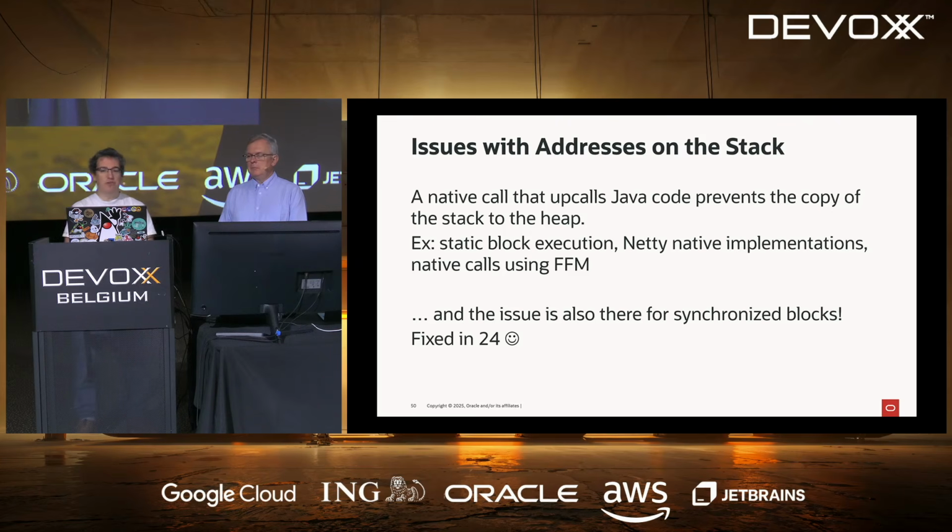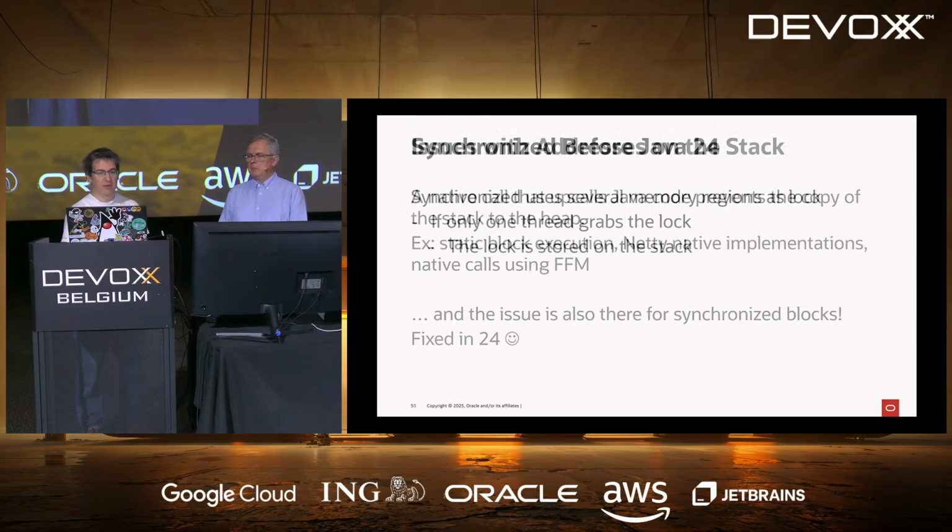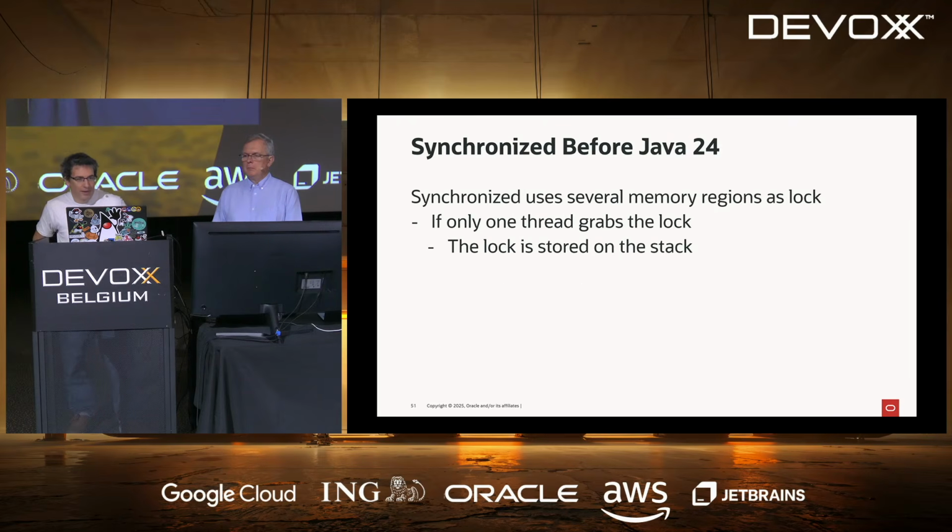This is exactly the issue we had with synchronized blocks, which was fixed in Java 24. So I will explain exactly what the issue is. Synchronized is used quite heavily in Java. Usually if you have a concurrency problem, the usual idiom, at least if you look at the code generated by LLMs, is to put synchronized everywhere and magically at some point it will work.